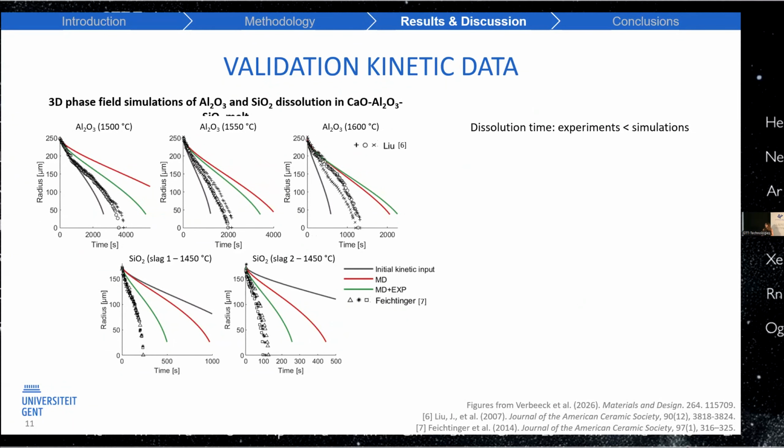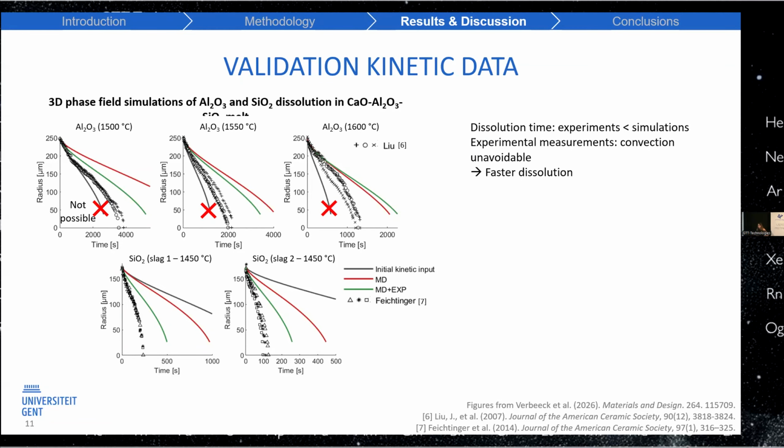The particle will move around a bit, so it's never purely diffusion-controlled. So that's why we did expect that the experiments would predict a smaller dissolution time than our simulations. So that's actually why we thought, okay, then with this initial data point, it would actually not be possible that we would simulate faster dissolution than the experiments predict.